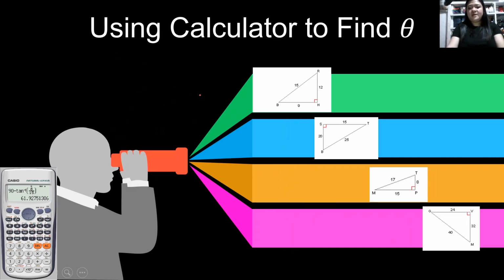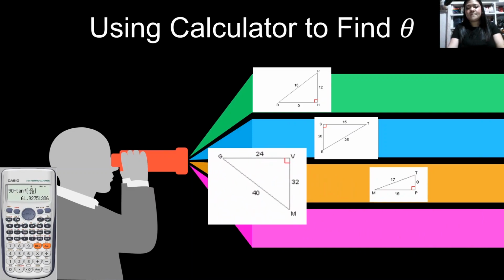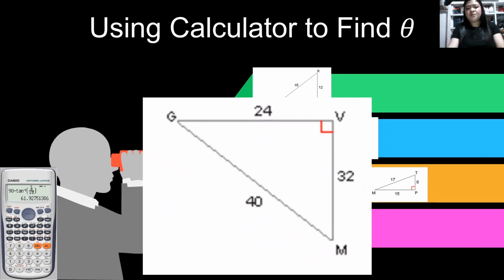Okay, let's have our last example. We have triangle GPM, whose sides are 24 and 32, and the hypotenuse is 40. So let's look for the angle. Let us use sine again. Sine theta is opposite over hypotenuse.